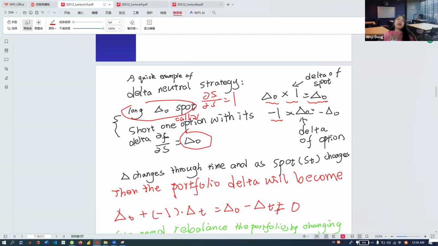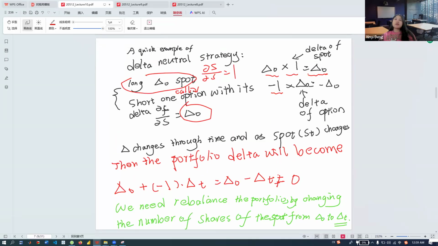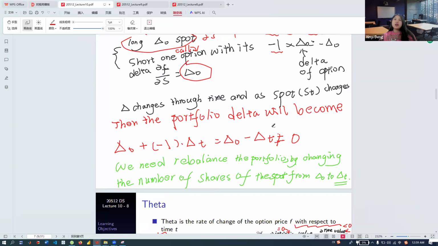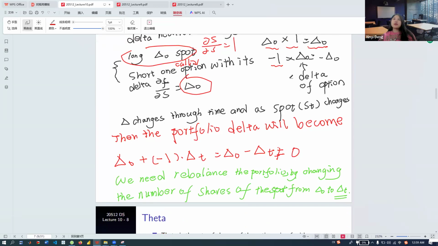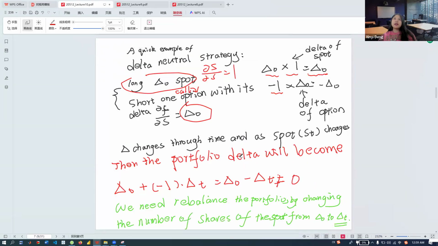Then I also write the mathematical expression here. Once time goes by, once ST changes, now the portfolio delta will actually become delta O minus delta T. So delta O is just the delta associated with the long position in the spot, which remains the same throughout time.